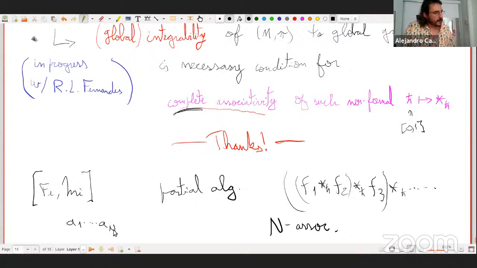So you have n arrows, you can associate them in different ways, and you want the different ways to be equal, and they showed that this condition is equivalent to integrability. So yeah, it's a bit more complicated.